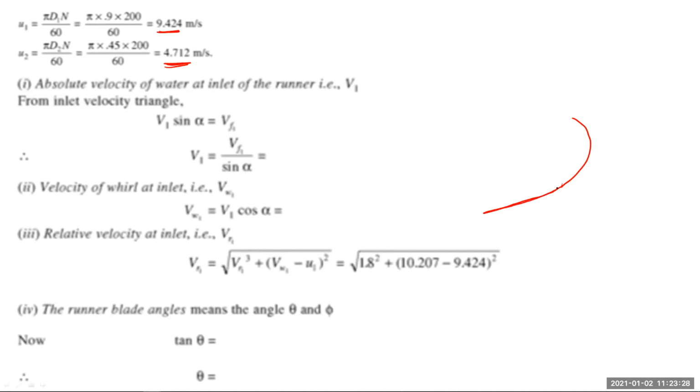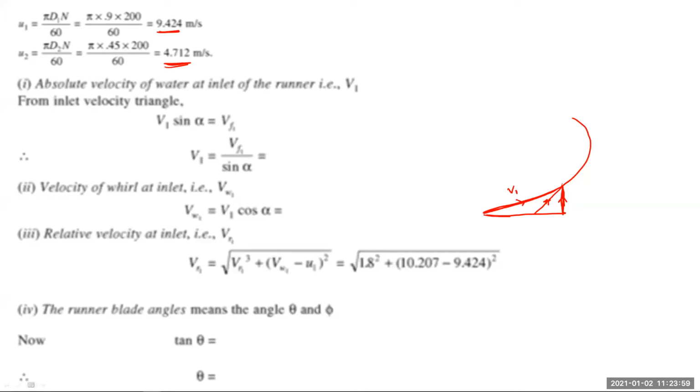Now from here you take its horizontal component, one horizontal line, and connect this with this point. So we all know that this will be your V1. Let me draw the lines.